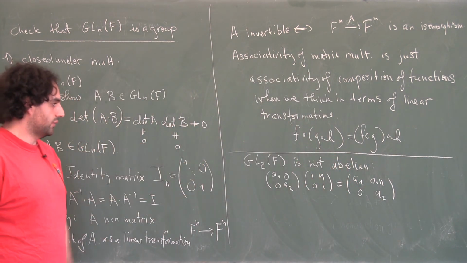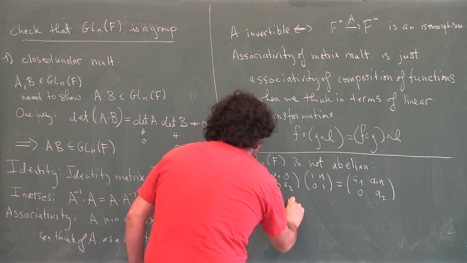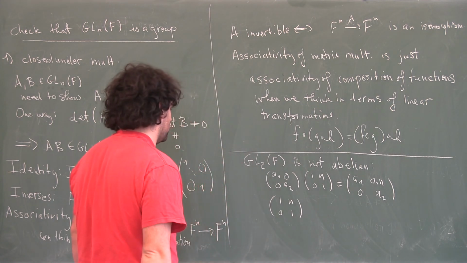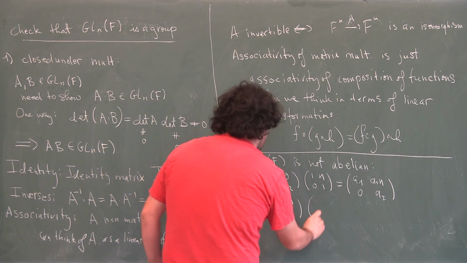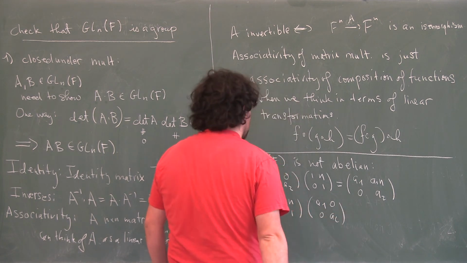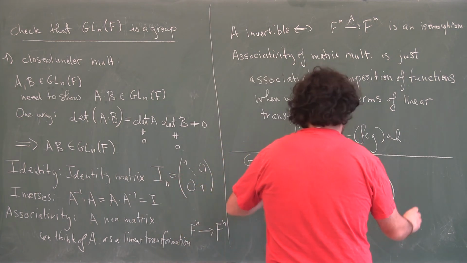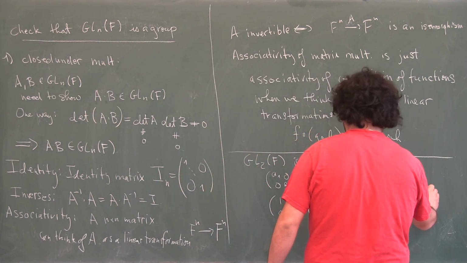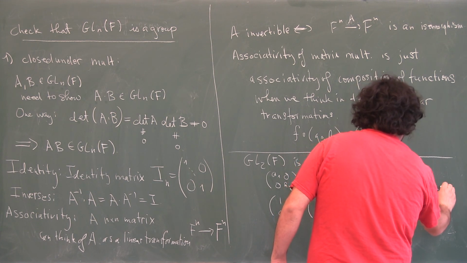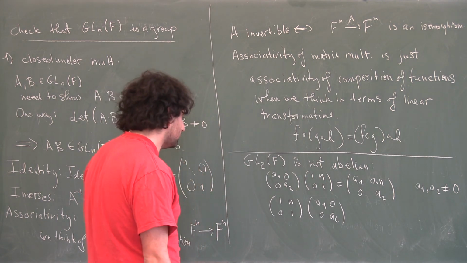Now let's multiply in the other direction and see what happens. So I put first this upper triangular matrix with ones along the diagonal, and then I put this diagonal matrix. By the way, to make sure that this one is invertible, we should assume that A1 and A2 are both not equal to 0.